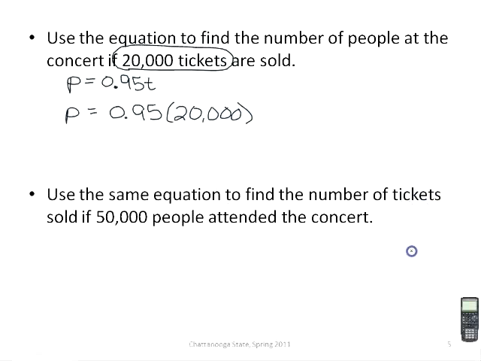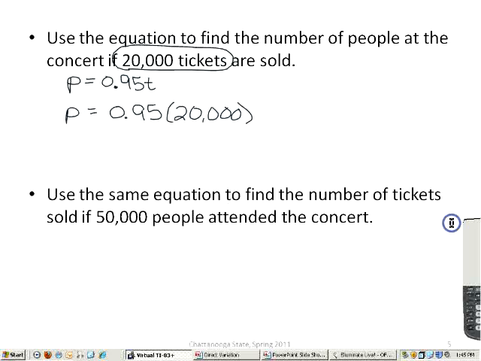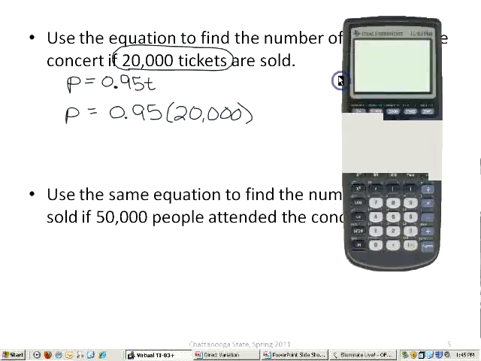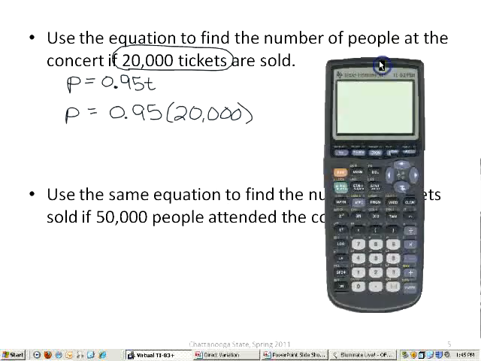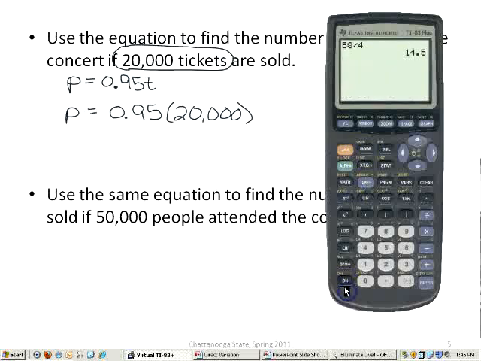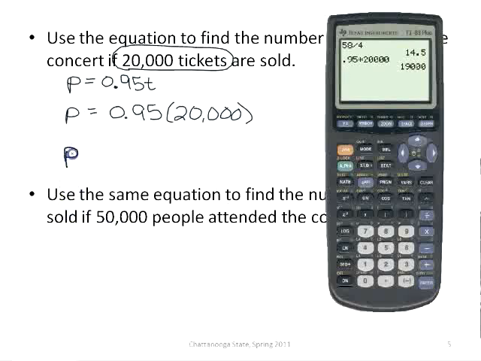So I'm going to take my calculator out, turn it on and multiply 0.95 times 20,000. That tells us that there would be 19,000 people at that concert.